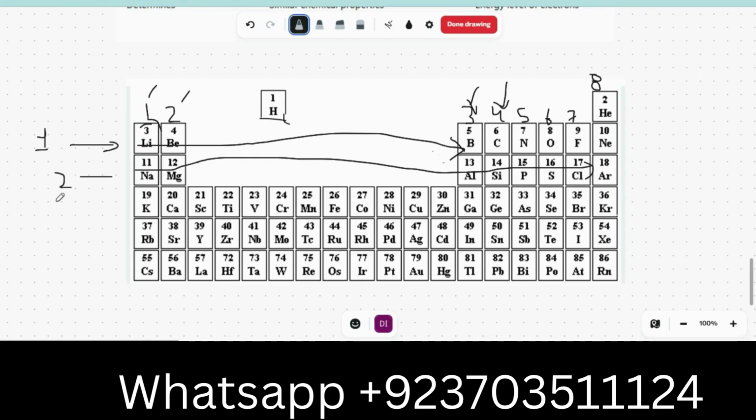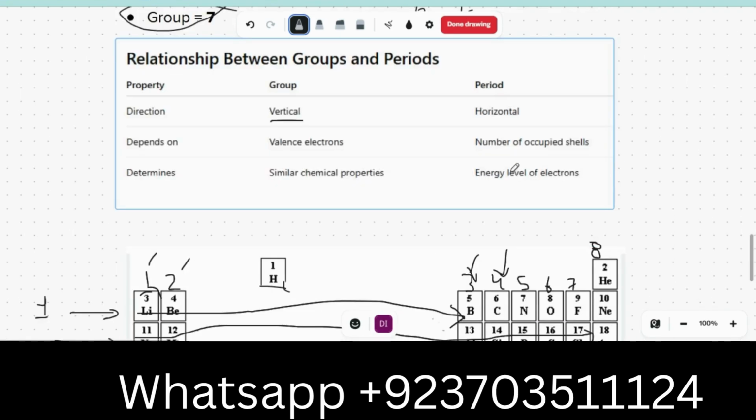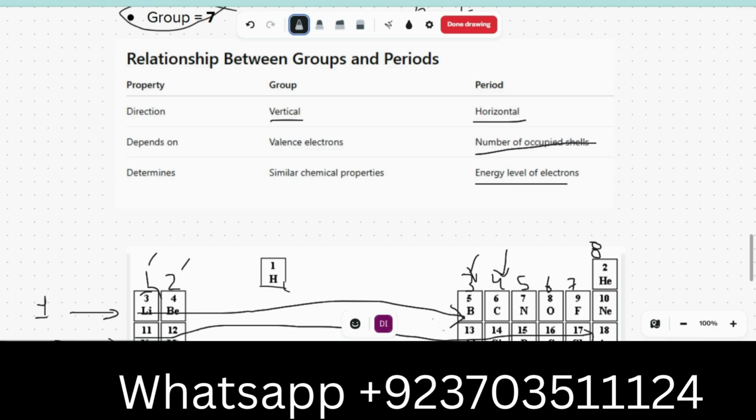That is the second period, and that is the third period. All the elements, potassium, calcium, scandium, up till krypton, are in the same period. So the number of occupied shells, we have to move horizontally, shows the energy level of an electron. That's all about it.